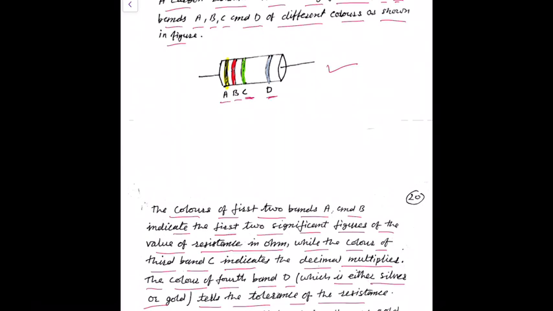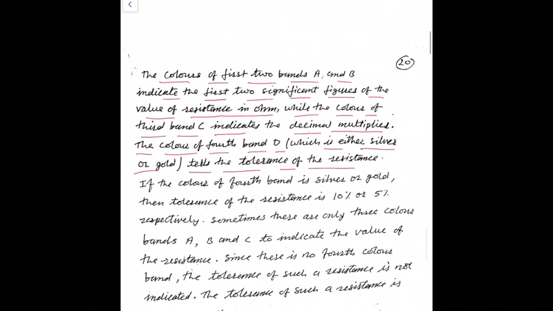If, say, 10%, it means the actual value of the resistor is specified to be within plus or minus 10% of the nominal value. If the color of the fourth band is silver or gold, then the tolerance of the resistance is 10% or 5% respectively.